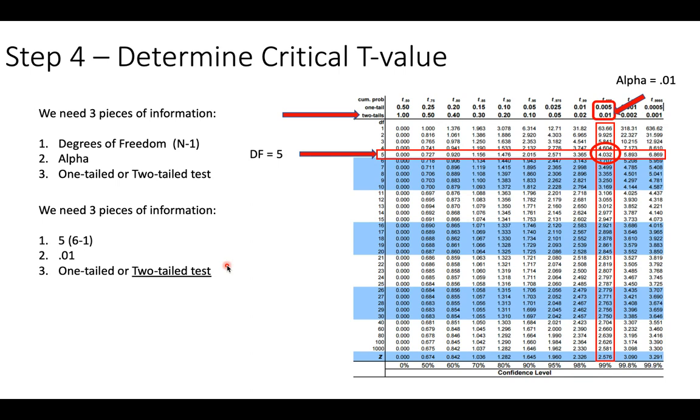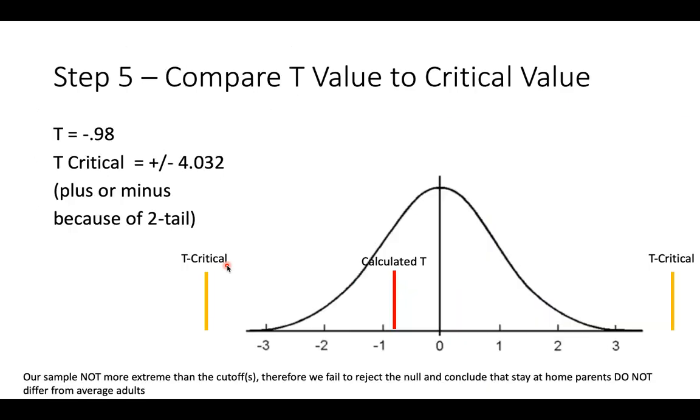Don't forget that this is plus or minus because we have a two-tailed test. And so we will be putting 4.032 as a critical value both above and below the mean on our comparison distribution. So our critical t-values are way out here, right?